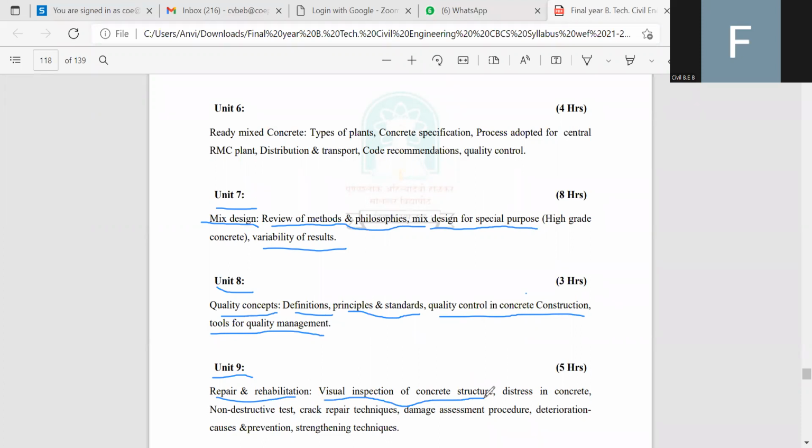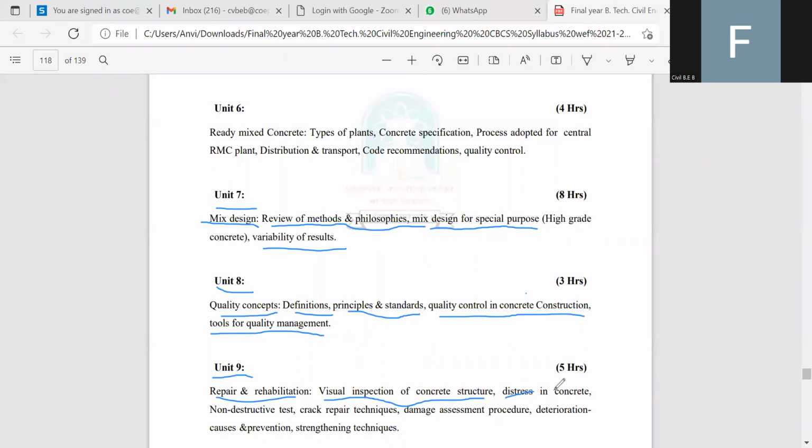So in visual inspection of concrete structure, we check whether the columns have distress, which means some cracks are available in the column, some beams are distressed, or the RCC slab is exposed due to water seepage. Visually we have to see the concrete, and that is part of the repair.